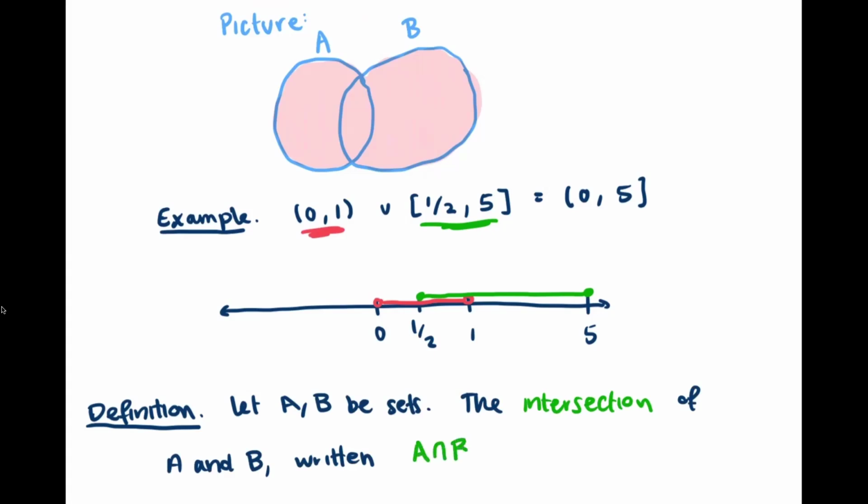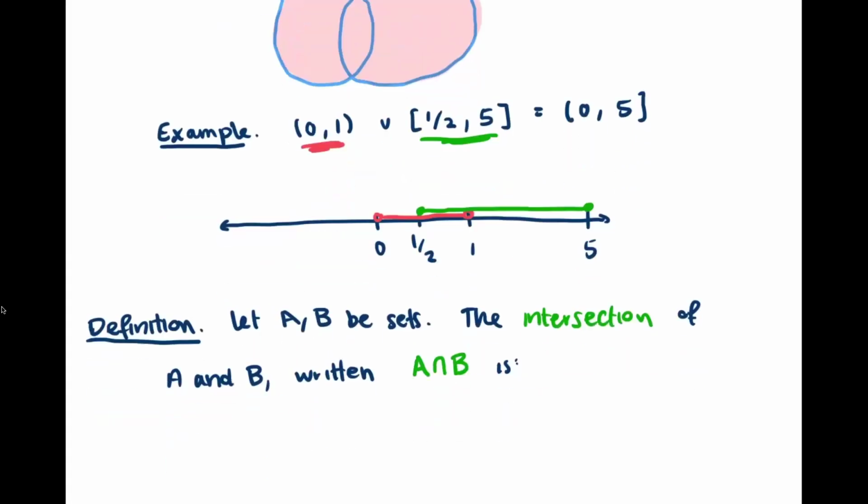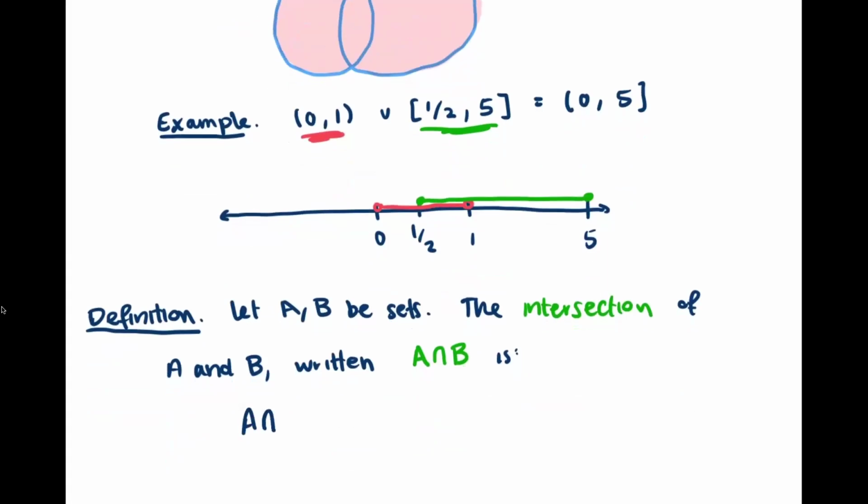So it'll look like that. So A intersect B is the set of elements X such that X is an element of A and X is an element of B.